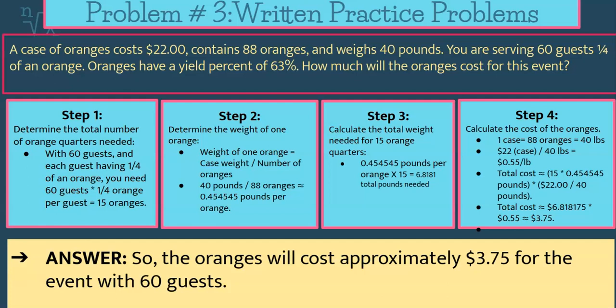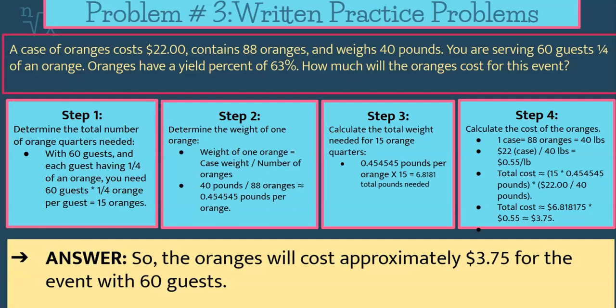All right, then you're going to calculate the cost of the oranges. So 1 case equals 88 oranges, which equals 40 pounds. You take $22 per case, divide by 40, so it's 55 cents per pound. To get your total cost, you do the 15 times 0.4545 calculation first, then multiply by 22 divided by 40.